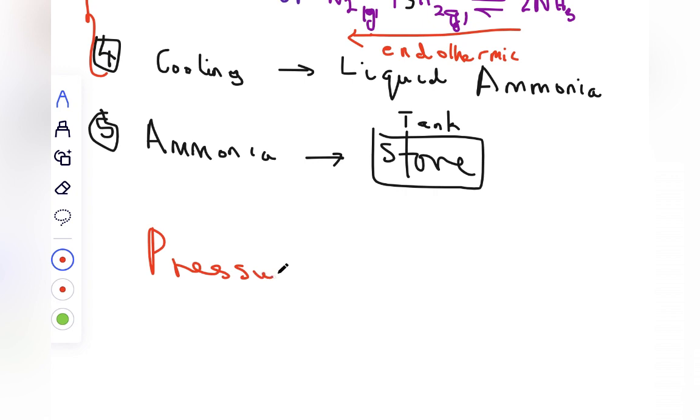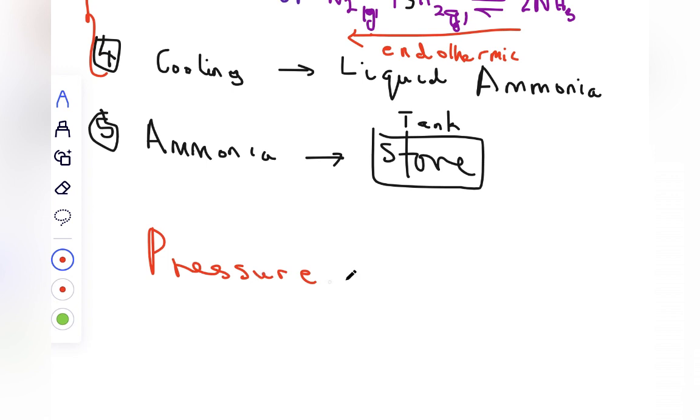High temperature favors your reverse reaction. Reverse reaction means you are getting back your nitrogen and hydrogen, and you're not getting your ammonia. So you shouldn't increase your temperature too much, because it will favor the decomposition of ammonia into hydrogen and nitrogen.